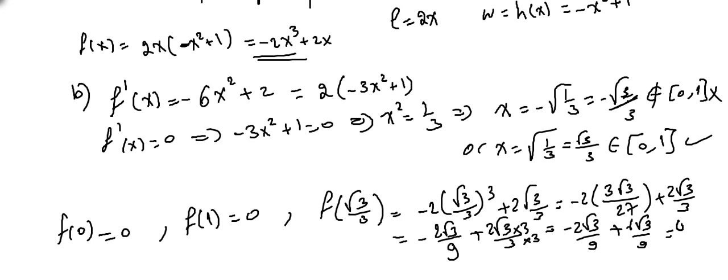The final answer will be 4 radical 3 divided by 9. 4 radical 3 divided by 9 is the greatest value of f of x. So I maximized the area. The maximum possible area I can get is 4 radical 3 over 9, whatever, centimeters squared, if we are working in centimeters.